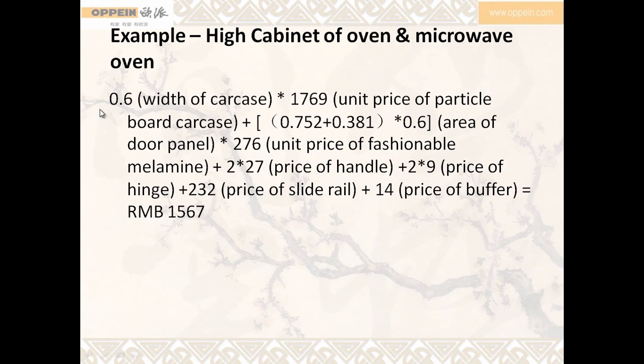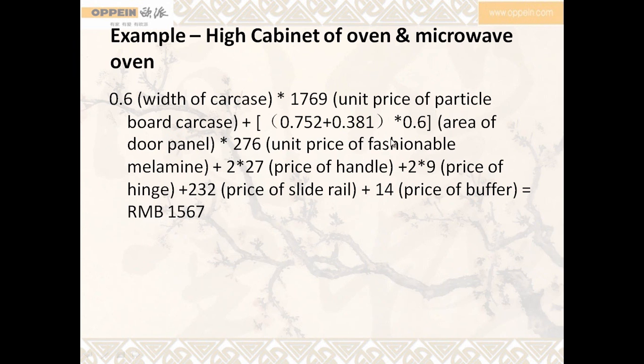The formula consists of 1, 2, 3, 4, 5, 6 parts. Add up each part, then you get the final answer. Part 1 is the width of carcass multiply unit price of particle board carcass.